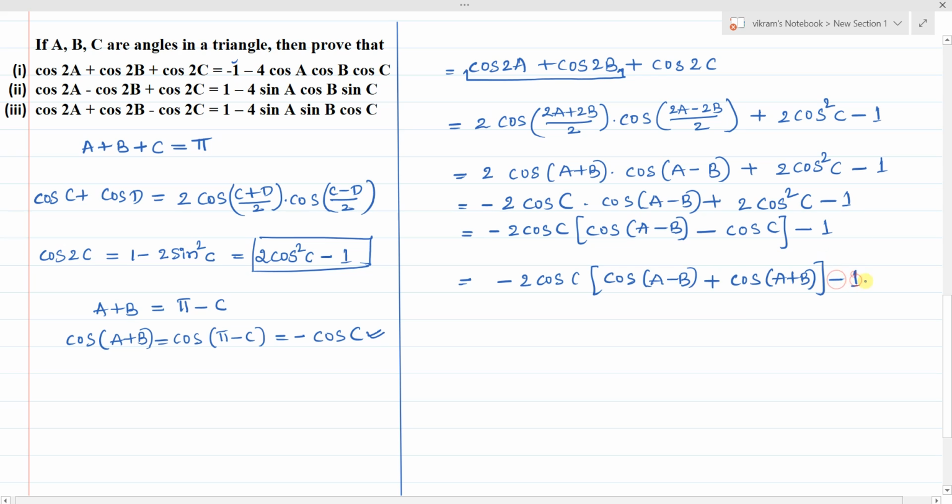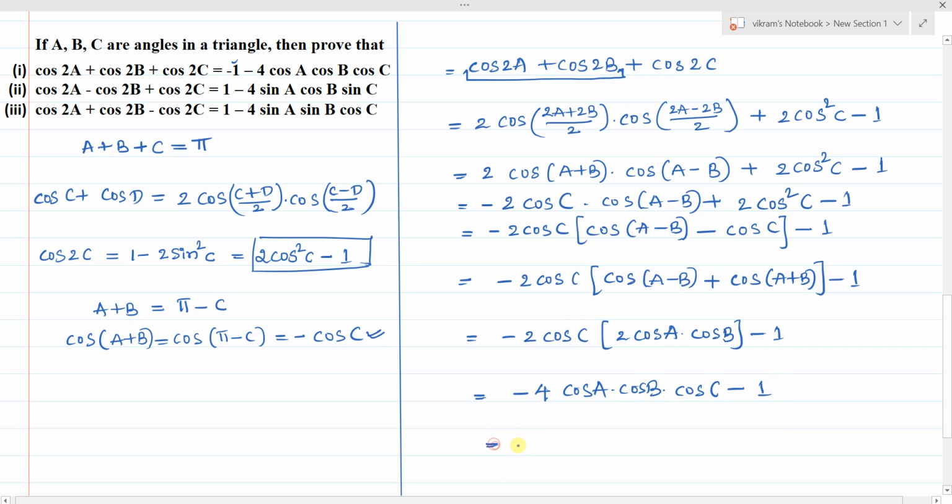Now we can write this as minus 2 cos C into cos of (A plus B) plus cos of (A minus B), minus 1. We know that cos of (A plus B) plus cos of (A minus B) is 2 cos A cos B, so this is minus 4 cos A into cos B into cos C minus 1.